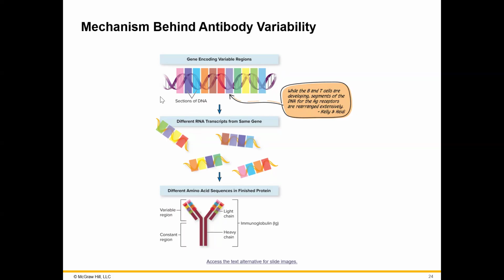Because of this DNA recombination, you end up with these very different RNA transcripts from the same original gene. When those transcripts are translated, which is what's happened down here, the resulting protein will have extremely variable amino acid sequences and therefore extremely variable shapes. So T cell antigen receptors are also formed in a similar manner.